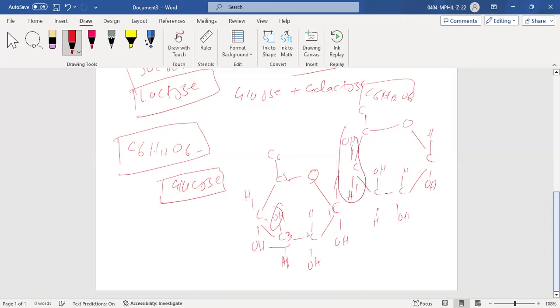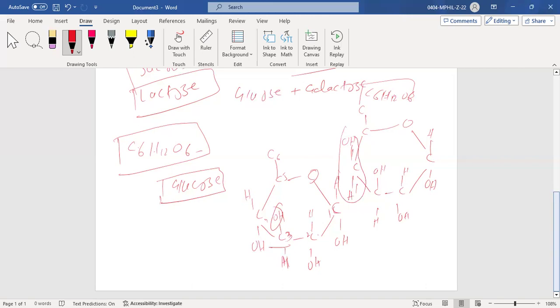So remember, if the position of the hydroxyl group and hydrogen is changed on the structure of any monosaccharide subunit, then definitely their composition will be changed, and as a result, it is possible that the function of that structure will also be changed.